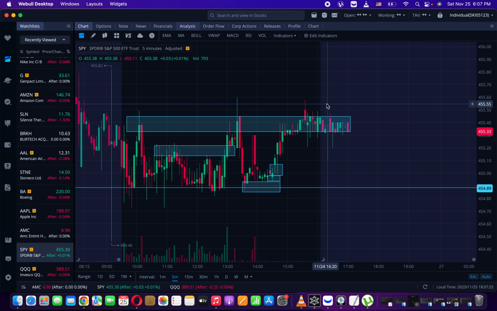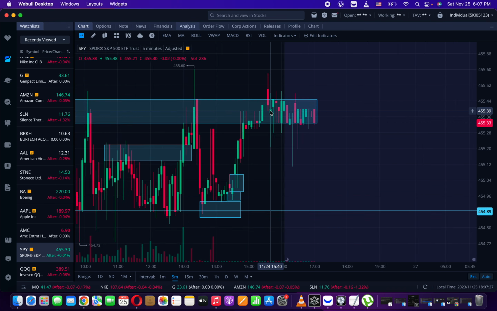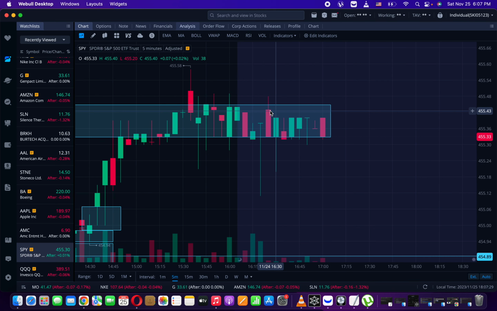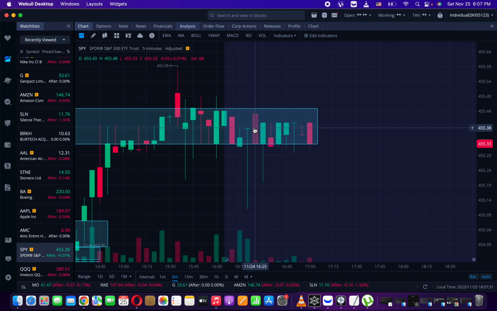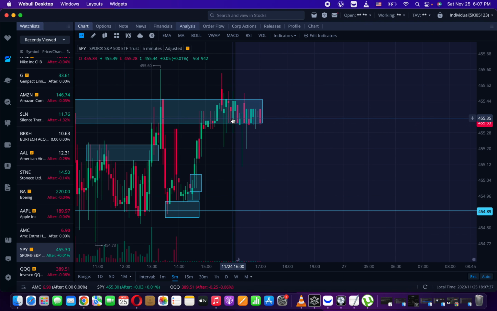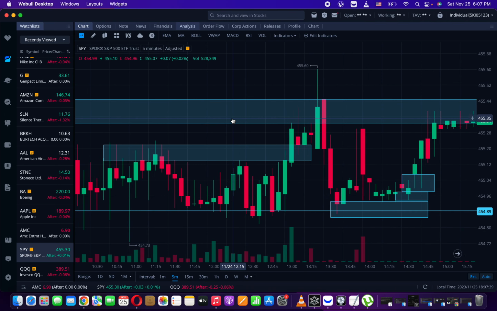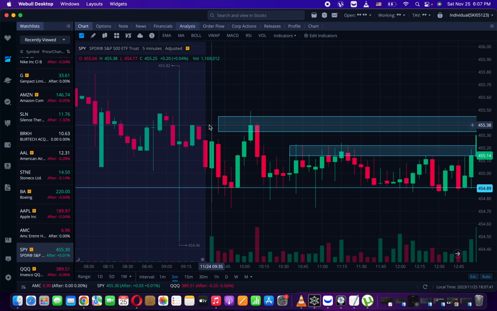So my best guesstimate is Monday morning we're probably going to open up somewhere in this range and maybe sell off. It's 50-50. As I said, I don't like to carry over my trades just because of this simple fact that at the start of the day, we always get this really large imbalanced candle with tons of buyers, tons of sellers.